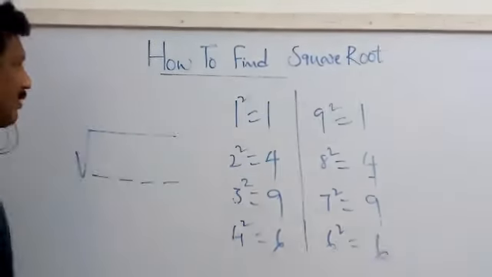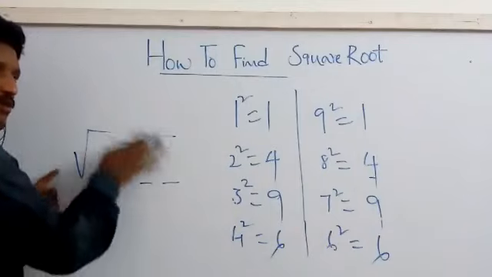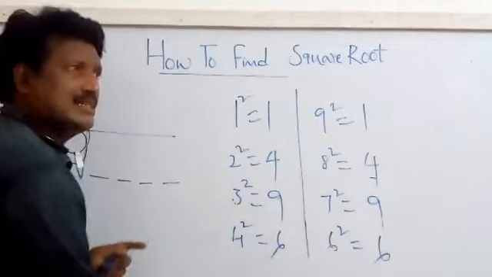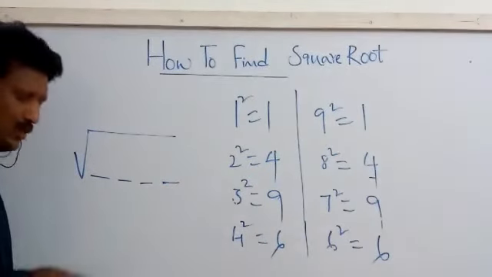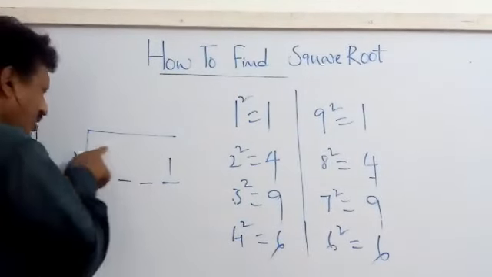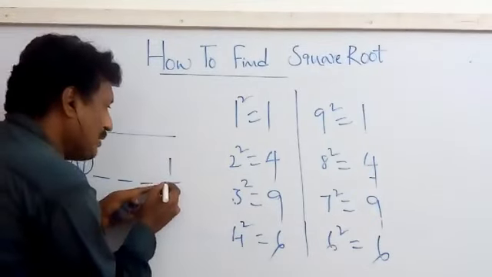Let us see here. Suppose there is a square root form, there is a value in this square root. However, the digits may be 3 digits or 4 digits, maybe 5 digits. First of all, we have to consider the unit place. Suppose in the unit place there is a 1. Whatever the value, the remaining digits we don't need to consider. We just have to consider the unit place only.